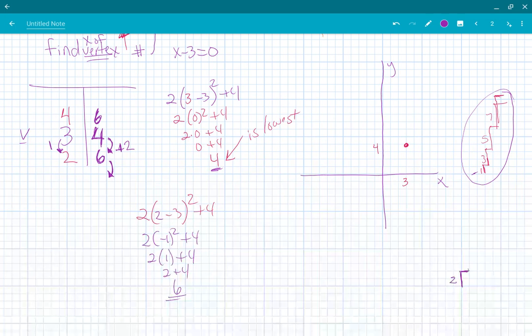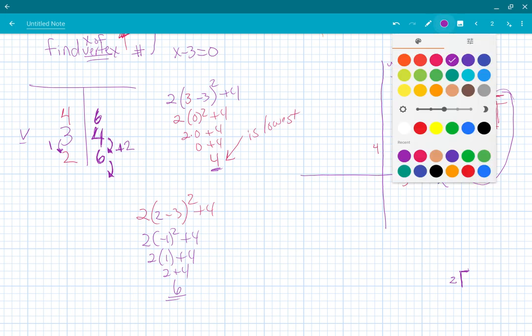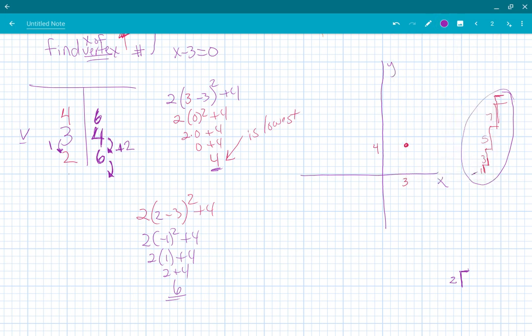So let's do the next step. Let's pretend we don't know. It could be 4. It could be 6. Let's find out. Let's plug in. What would you like to plug in? Would you like to plug in 1, or would you like to plug in 5? 5.